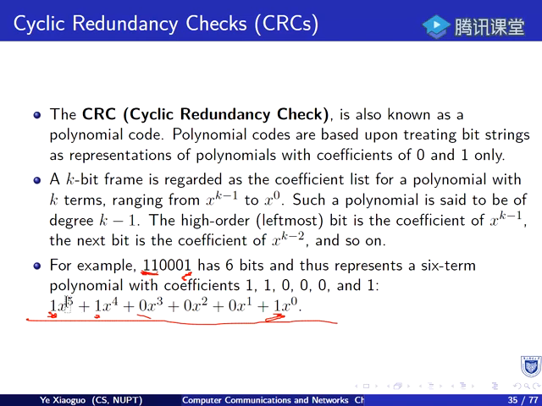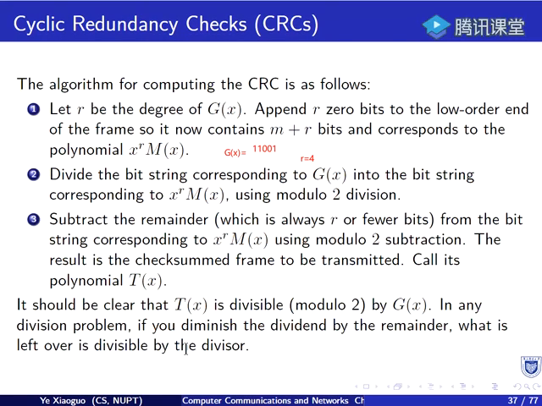This bit stream is 6 bits, then r is 5. So append r zero bits to the low order end of the frame.